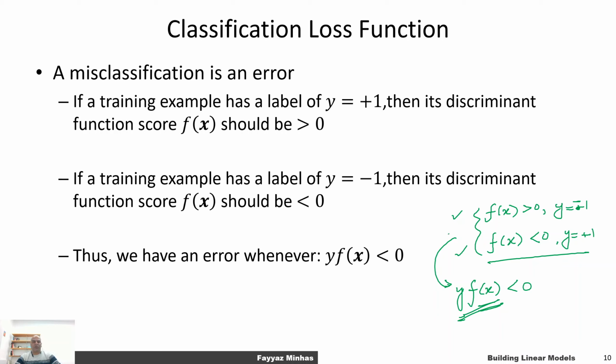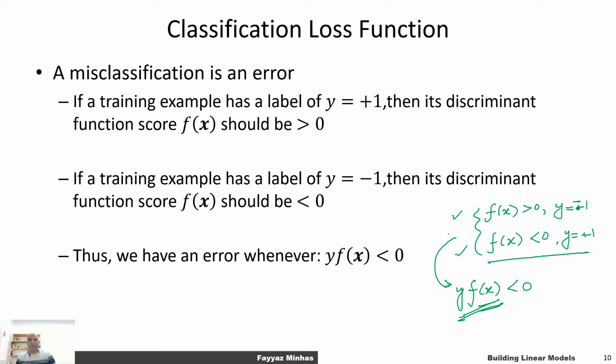So what we have done so far is formalize what we mean by a misclassification error. For a binary classification problem with a positive class and a negative class, a misclassification error occurs if the product of the label of an example with the discriminant function score is negative.